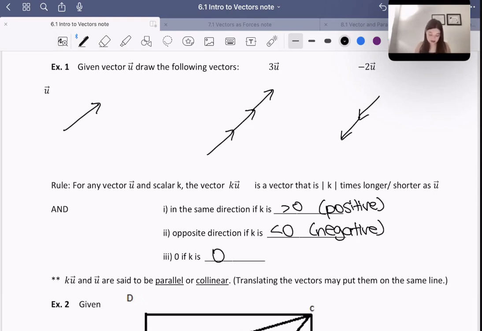So ku and vector u are said to be parallel or collinear, right? Translating the vectors may put them on the same line, right? So if the vectors are in the same direction, then they're collinear, right?